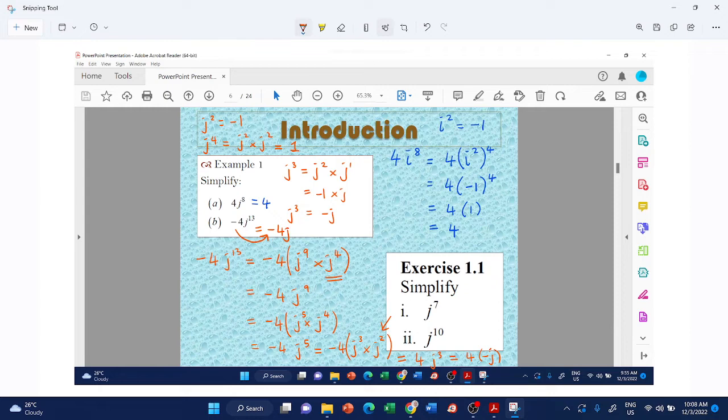Which one yang you nak I repeat? Please give me response. Yang final tu. Final which one? Which part? Bagi tahu saya dekat step mana. Yang last tu. Last mana, which one? Is it yang dekat 4J power 3 ni ke?